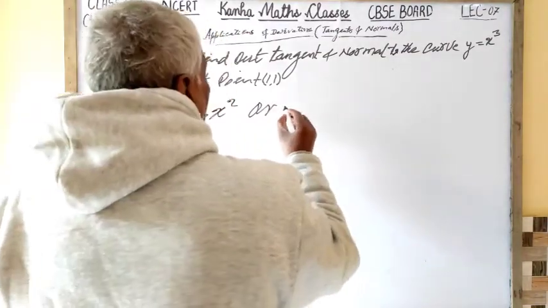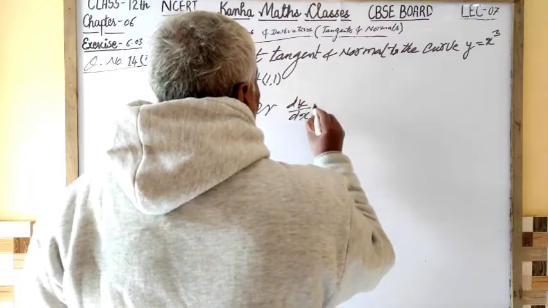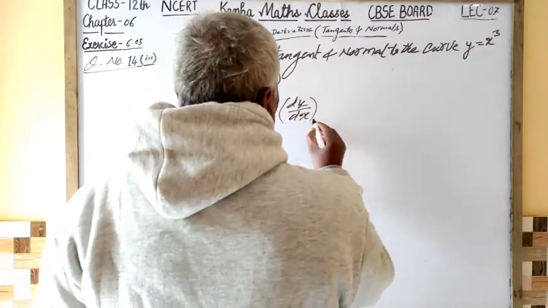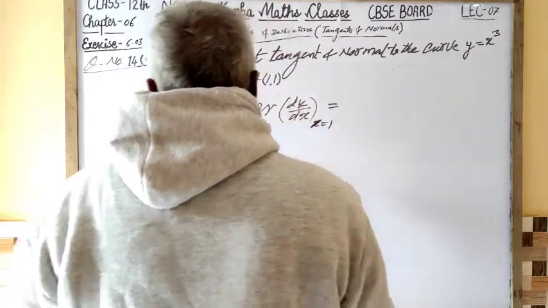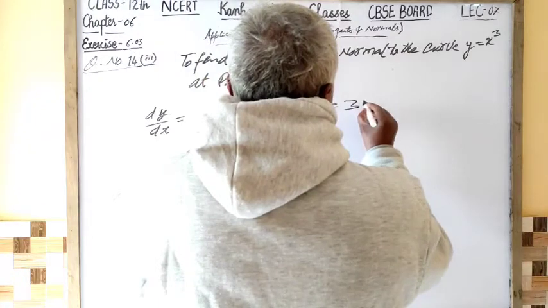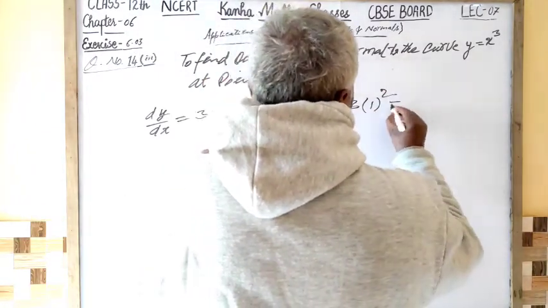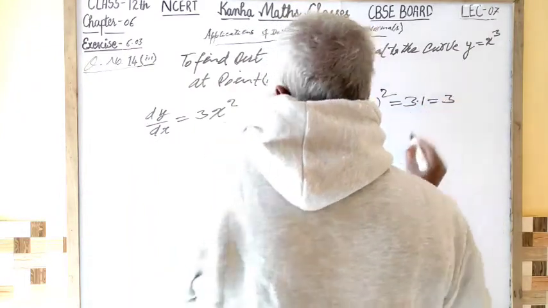So dy by dx at the point x equal to 1 is 3 times 1 square, that is 3.